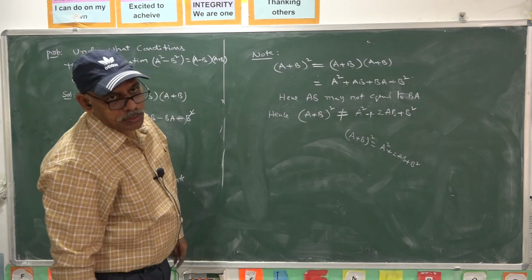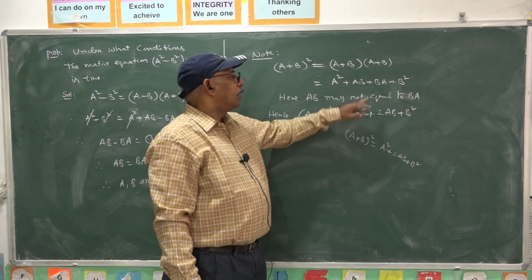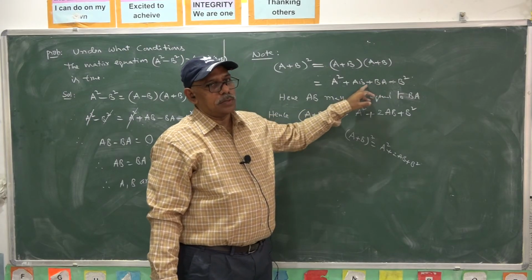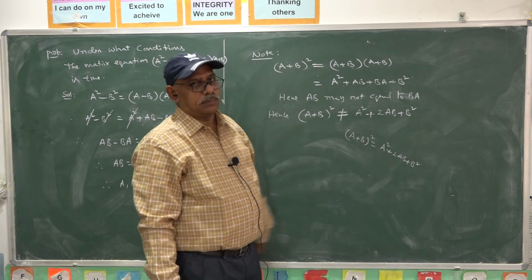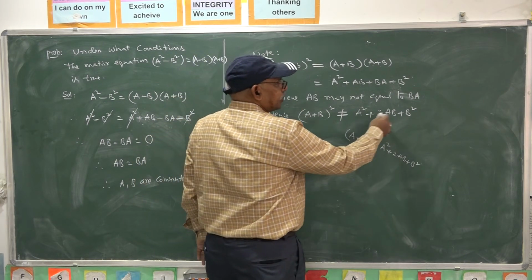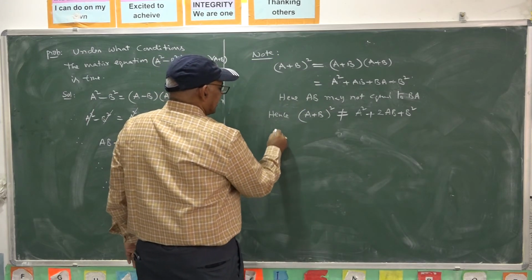Why is A plus B whole square not equal to A square plus 2AB plus B square? Because here AB may not be equal to BA.